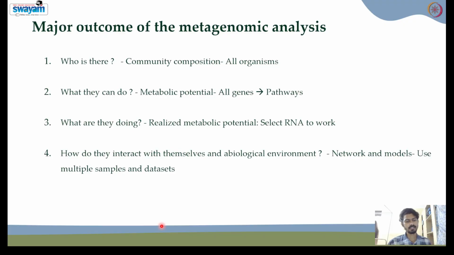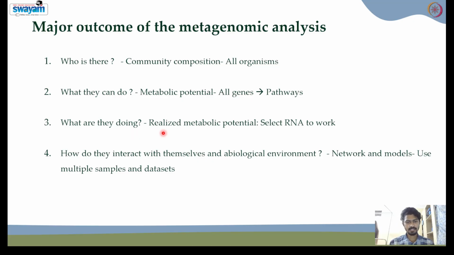The first is it answers the question of who is there. That is, try to analyze all the microorganisms that are present in the given ecosystem. And the next question is what they can do. It tells us the metabolic potential of all the genes and what they are doing.